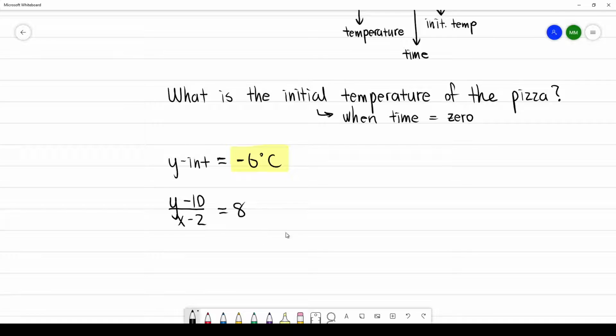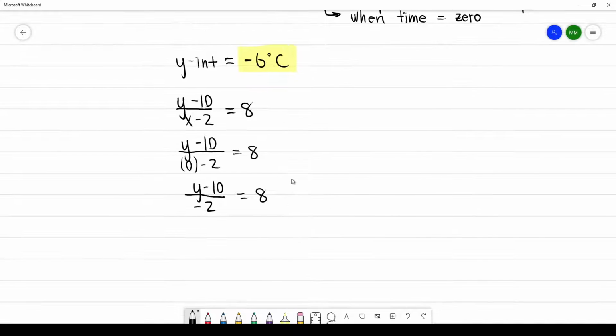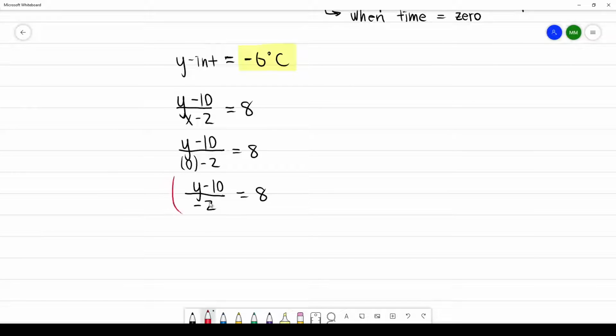and you should be getting the y, the temperature, y. So let's try plugging in time is equal to 0. So time is x. So y minus 10 divided by 0 minus 2 is equal to 8. So y minus 10 divided by -2 is 8. So now if I multiply both sides by -2, I would get y minus 10 is -16.